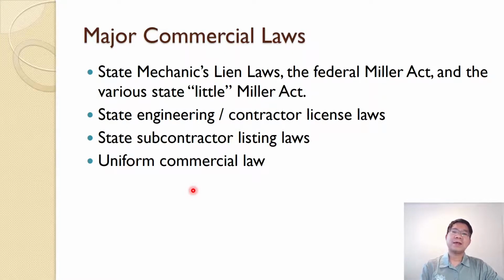We can buy tile from Montana. So all of that crosses the state border. Then the uniform commercial law ensures that the transaction is smooth between the states, even though different states have different commercial laws. So that is the uniform commercial law.